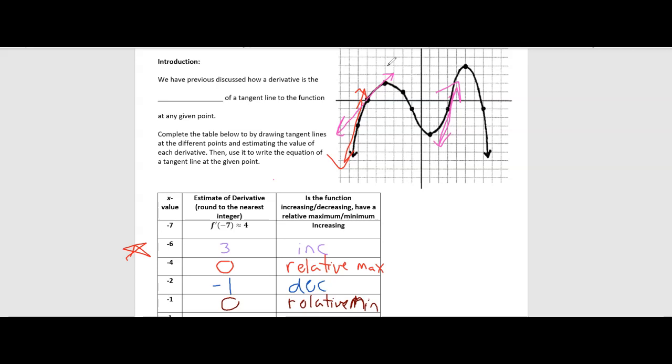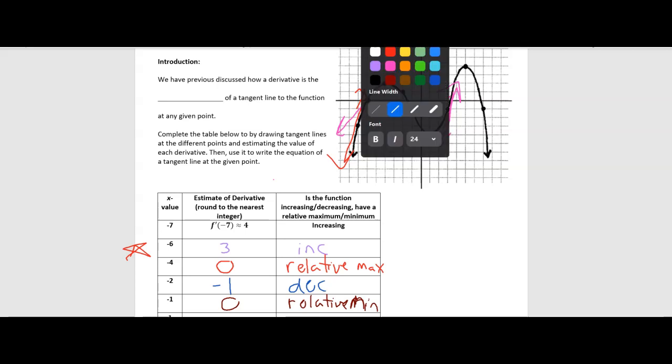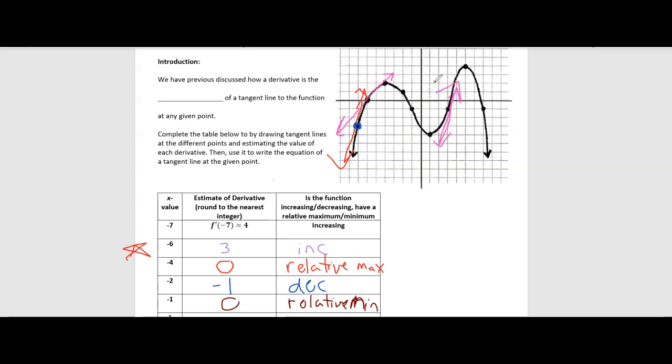So we have 3 points on this graph where the slope of the tangent line, i.e. the derivative, is positive, right? The tangent line has a positive slope. And at each of these points, the graph is increasing. So whenever your derivative is positive, the original function is going to be increasing at that x value.